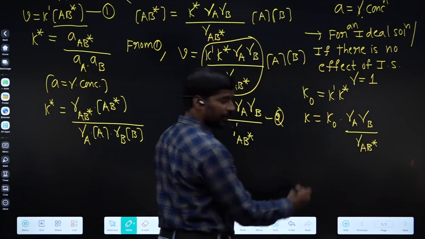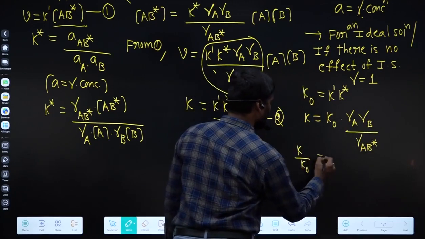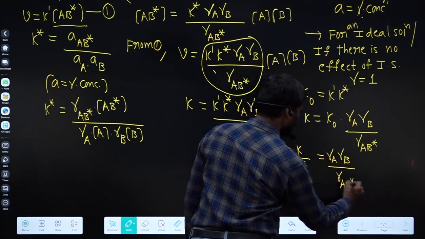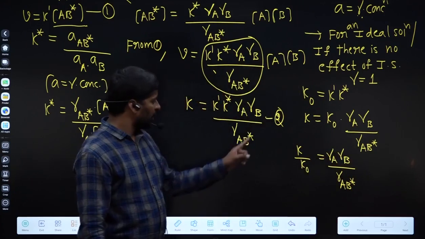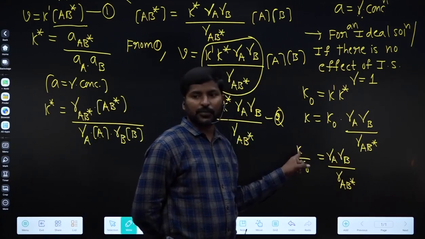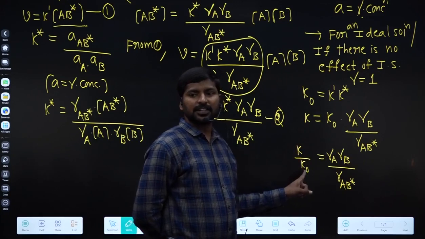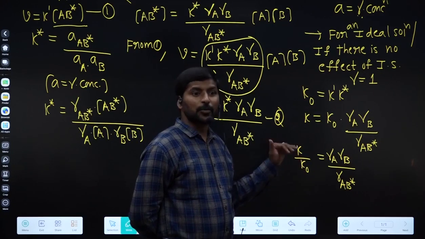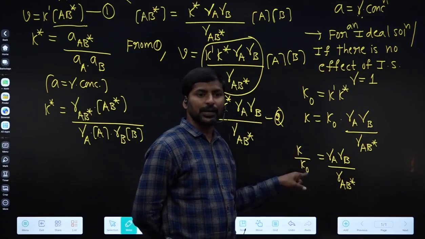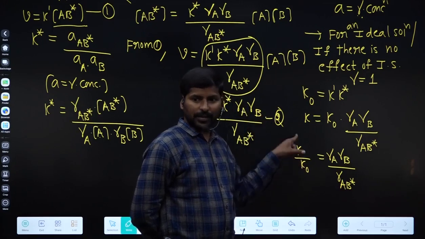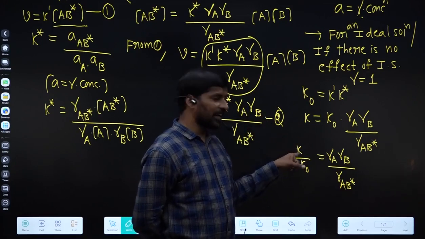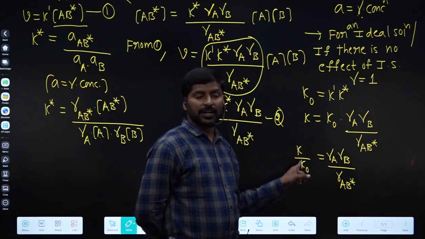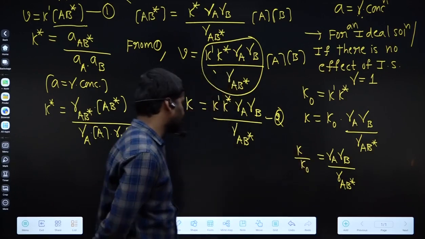If you bring K naught to the left side, K by K naught is equal to gamma A gamma B by gamma AB star. Here K indicates the rate constant in the presence of ionic strength, and K naught indicates the rate constant in the absence of ionic strength. Both we are comparing.